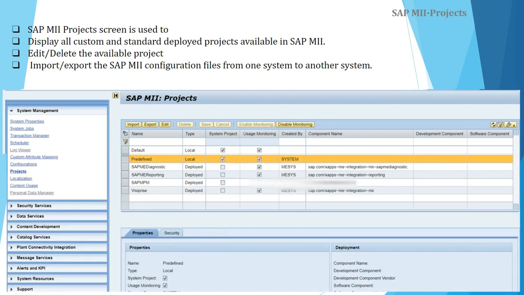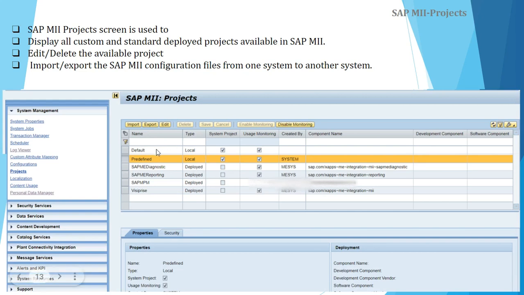Coming to the next one, projects. Projects is a screen which shows you all the projects, whether local or deployed. It will show all of the projects that have been created in SAP MII.